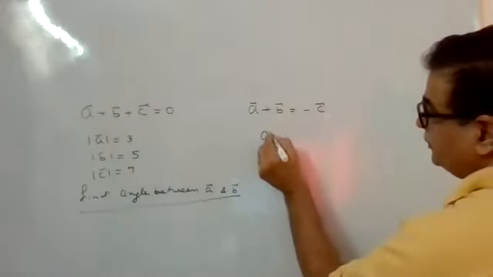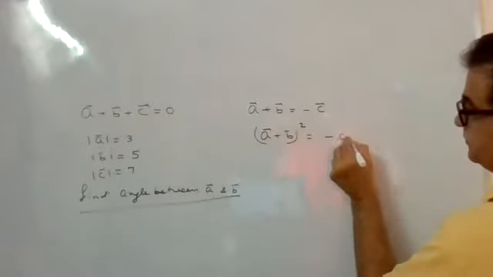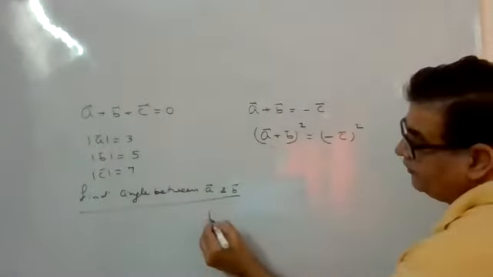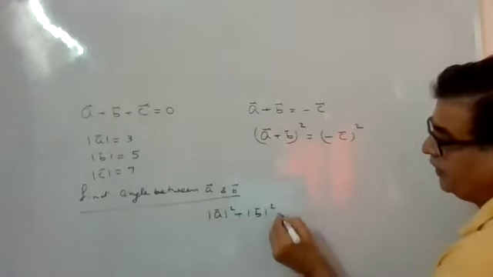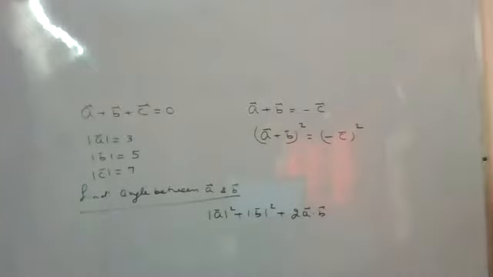Now squaring both the sides. This formula we have already done. That will come out to be magnitude A square plus magnitude B square plus twice A dot B, and this is magnitude C square.